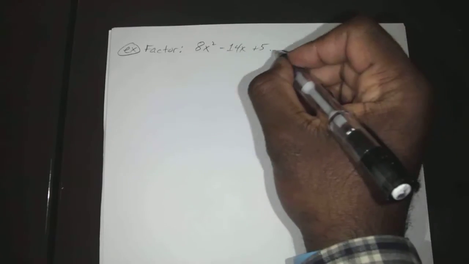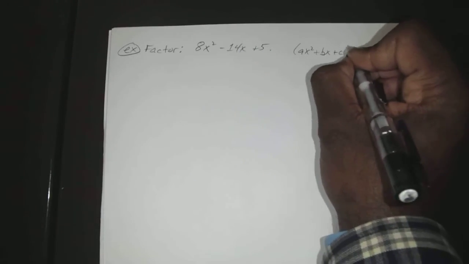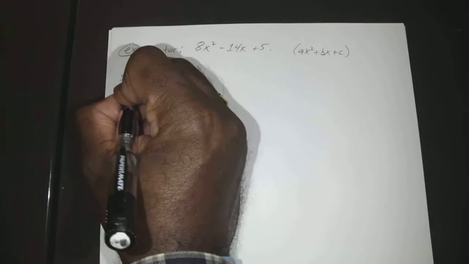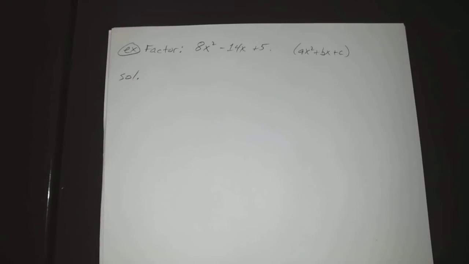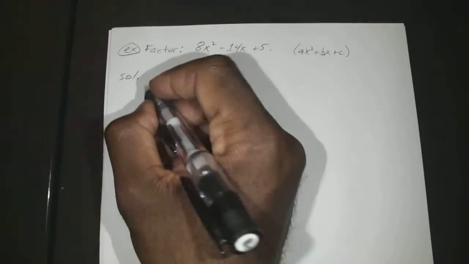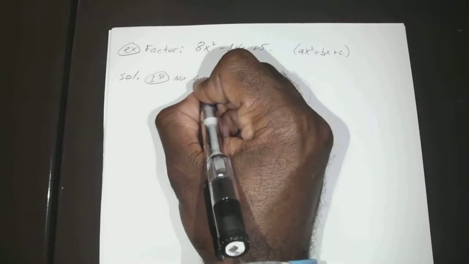Okay, so we can see it's in the form ax squared plus bx plus c. The first thing you want to do is see if you can factor out anything from all the terms. You can't factor anything out from all 3 terms, so there's no greatest common factor.